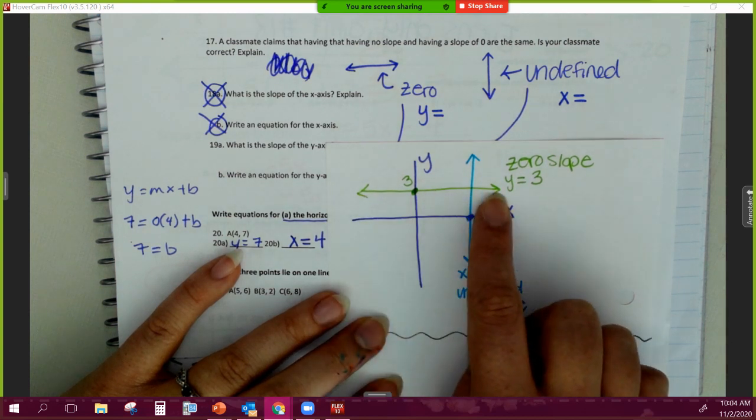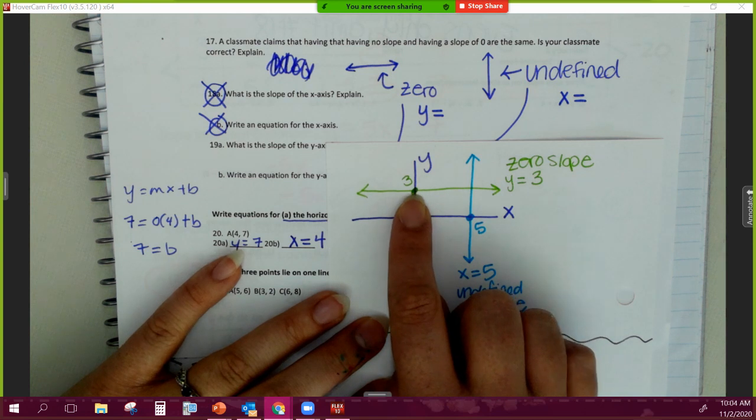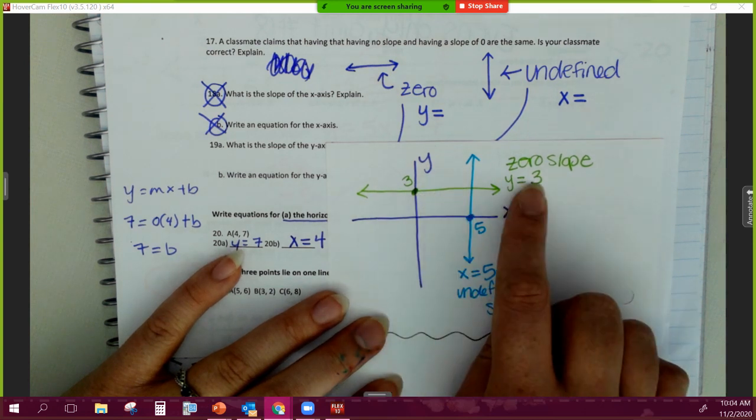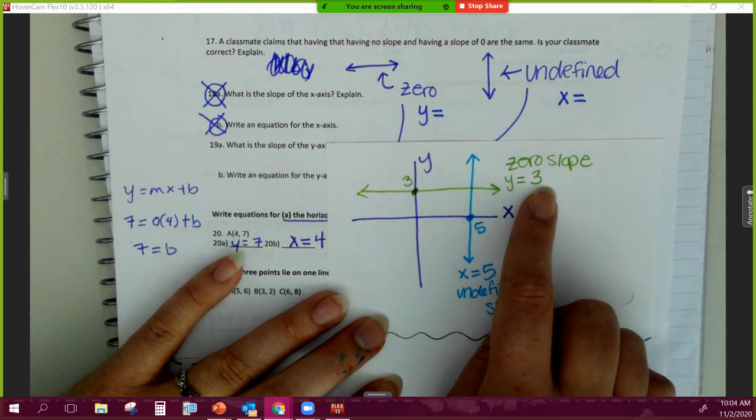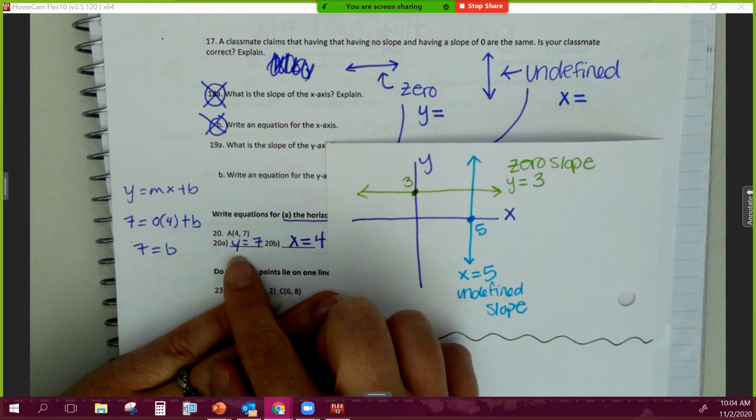So your x's will change, but your y won't. So if I have a zero slope and it crosses the y-axis at 3, my equation is just y equals 3. So in this problem, if this is a zero slope and my point is 4, 7, then the equation would just be y equals 7.